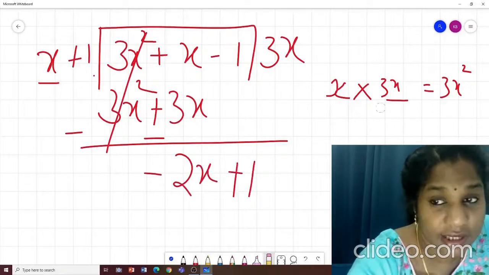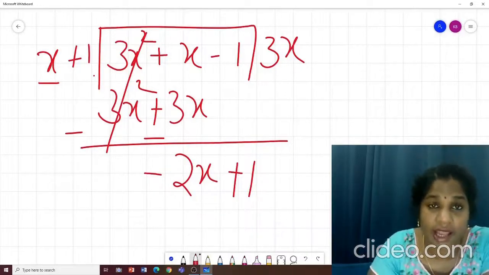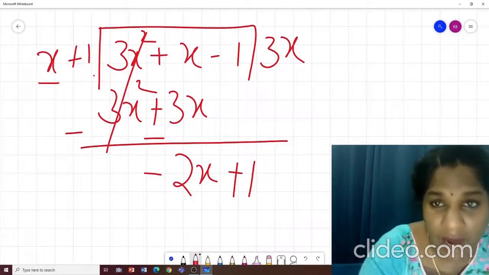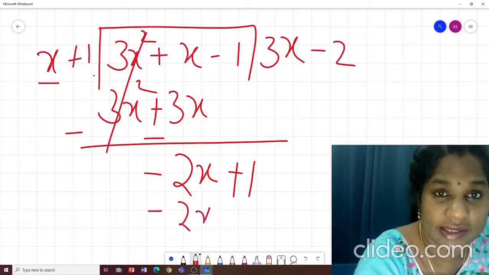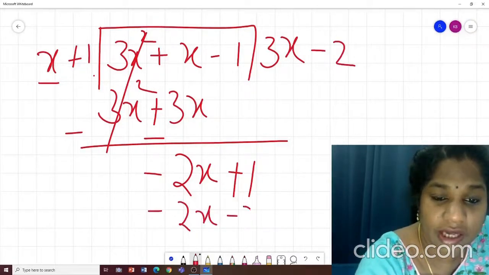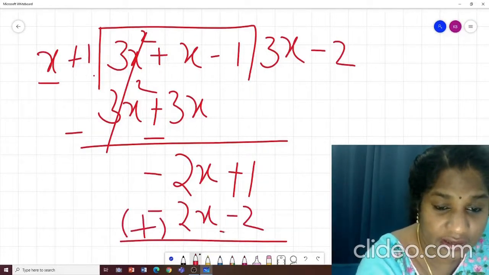Again, let me think. With x, what will I multiply that I get minus 2x? So x into minus 2 will give me minus 2x, isn't it? And 1 into minus 2 will give me minus 2. Again I will change the sign.